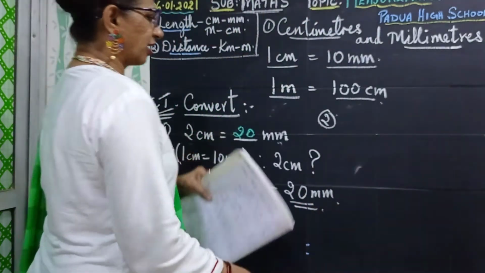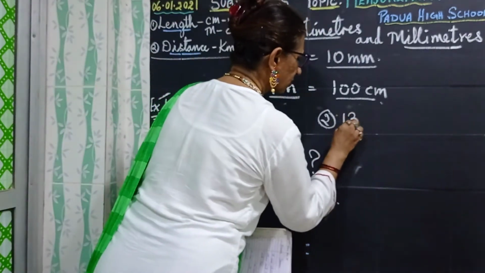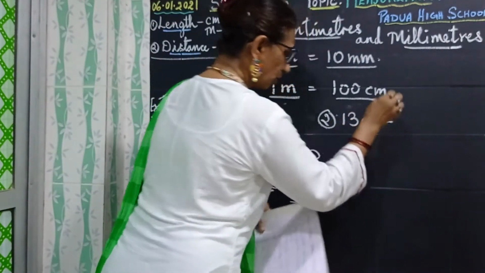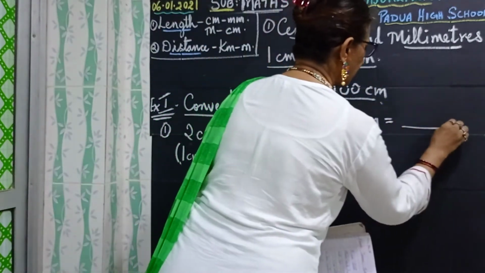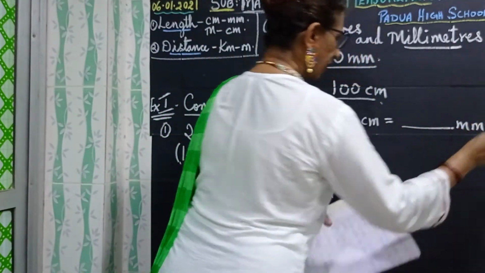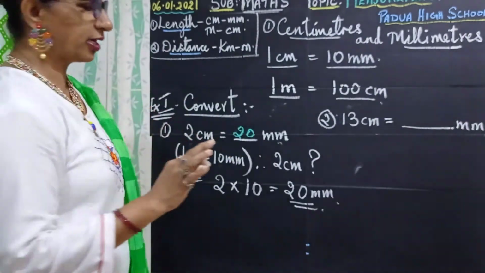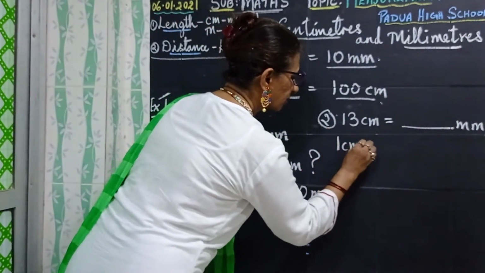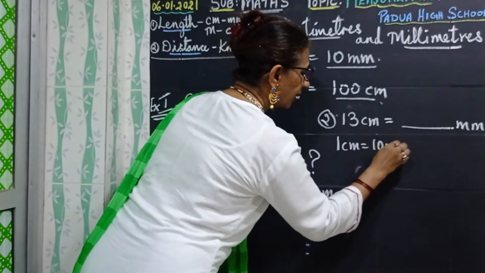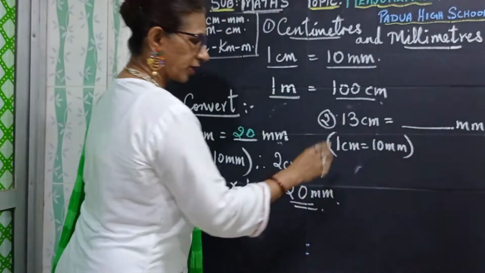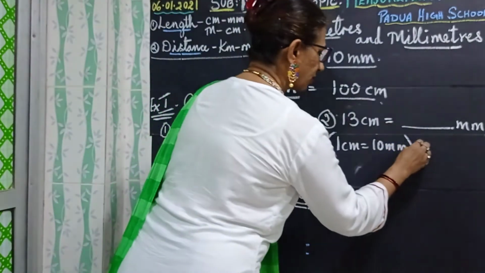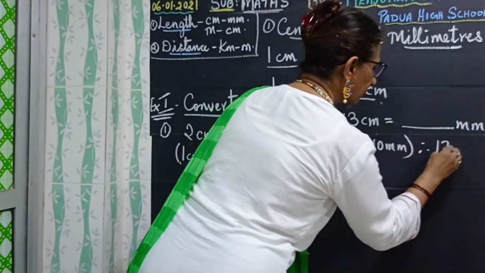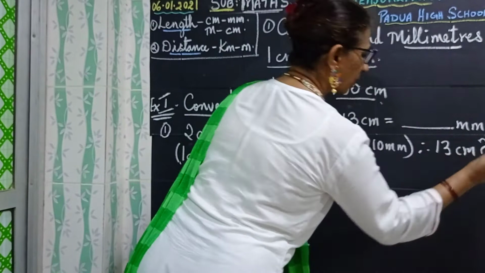Now suppose I have 13 centimeters is equal to dash millimeters. Okay, very simple. So what do I have to write? I have to write 1 centimeter is equal to 10 millimeters. Therefore 13 centimeters is how much?